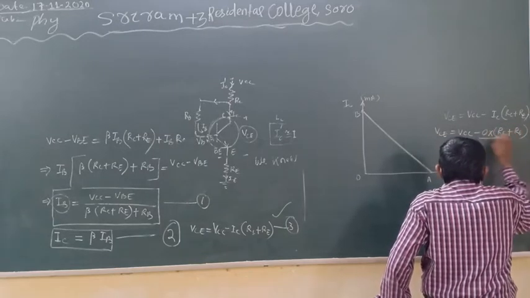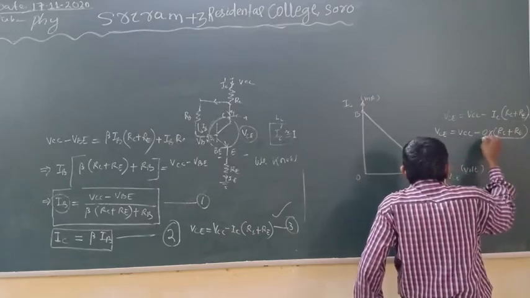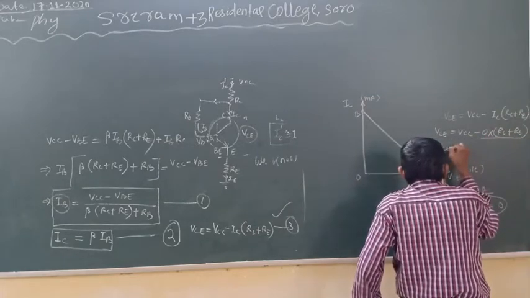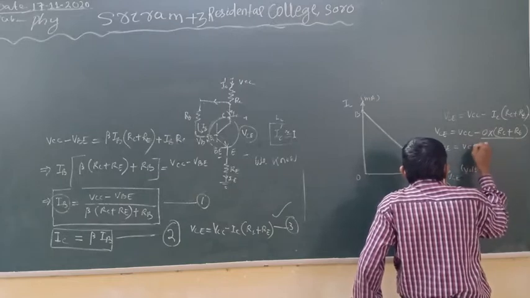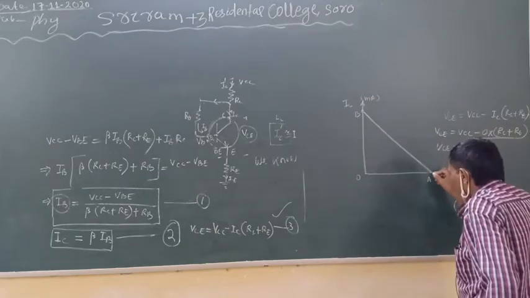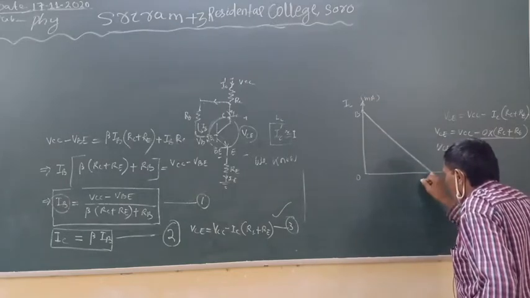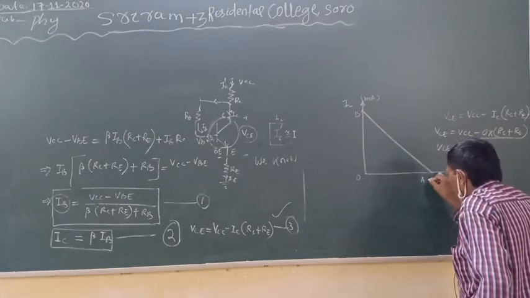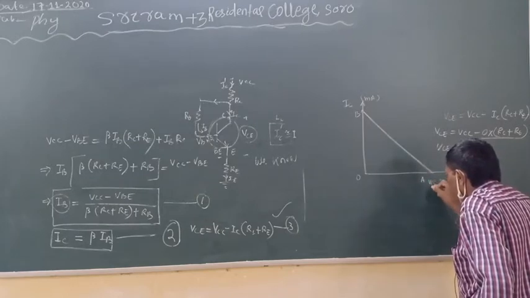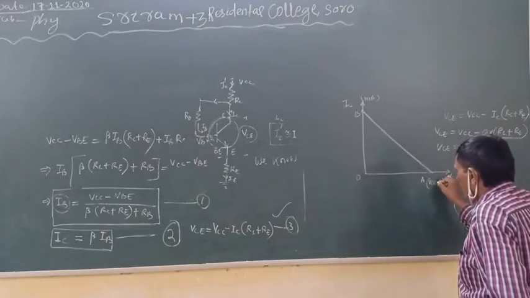This is multiplied by 0, so it is 0. Now VCE equal to VCC. We write this point A as VCC, 0.